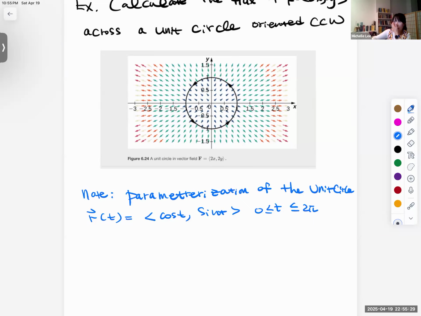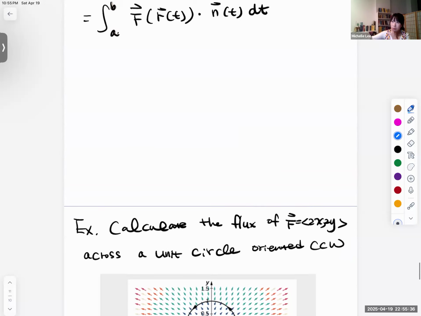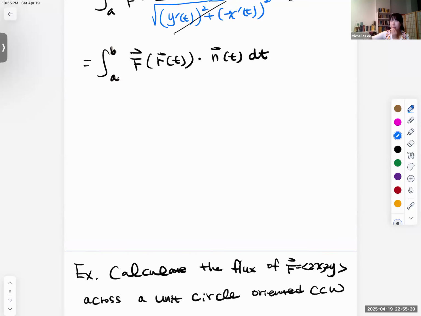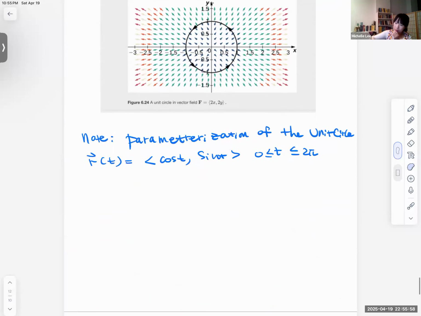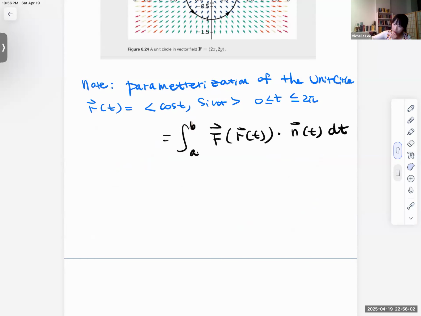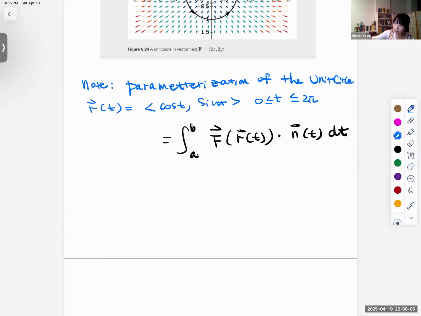Now, the formula, we have to use that. So start with it.